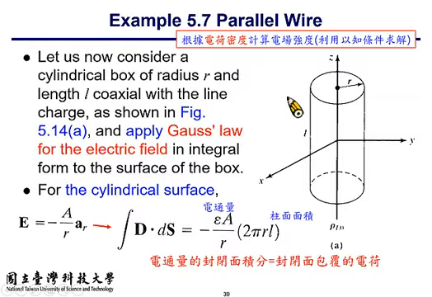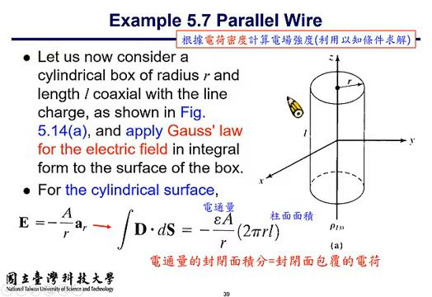Equals to the volume integral of electrical charge enclosed by this surface. And because we have a cylindrical wire, and we know that the E field is running in the R direction, and it's only perpendicular to the cylindrical surface.